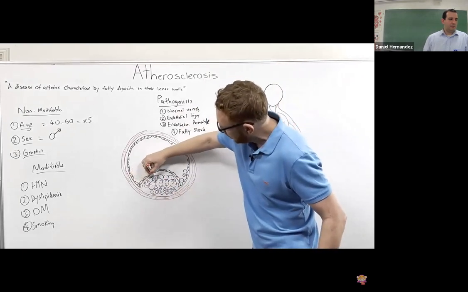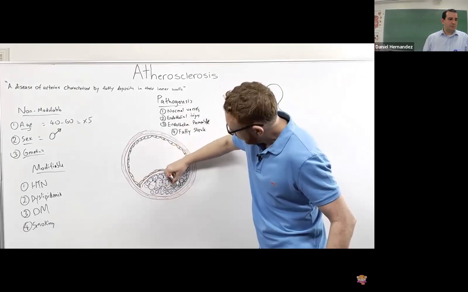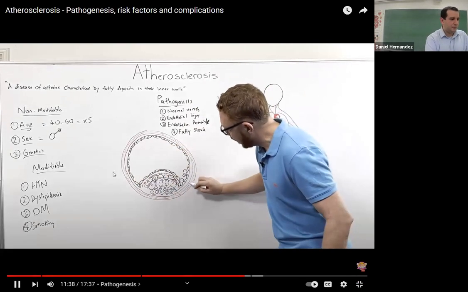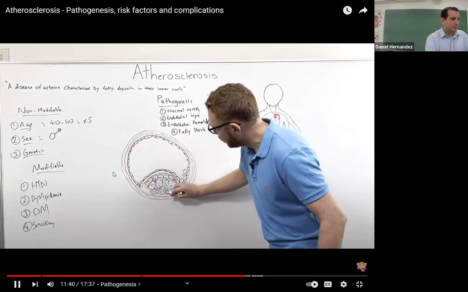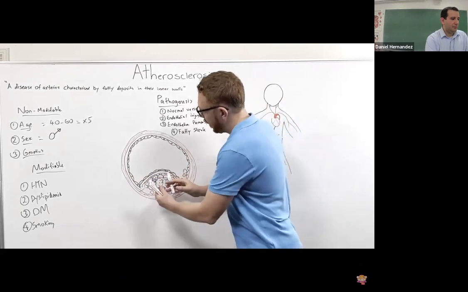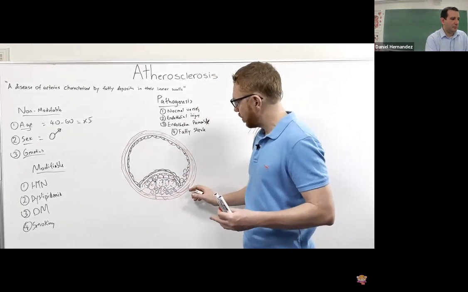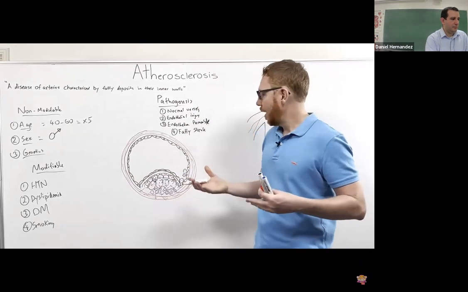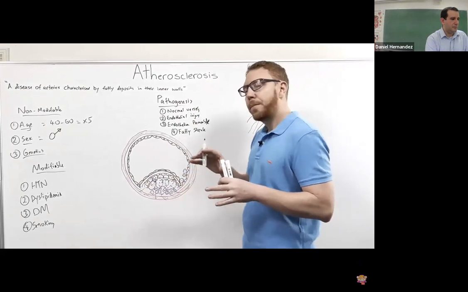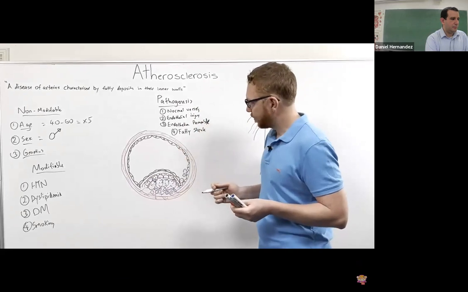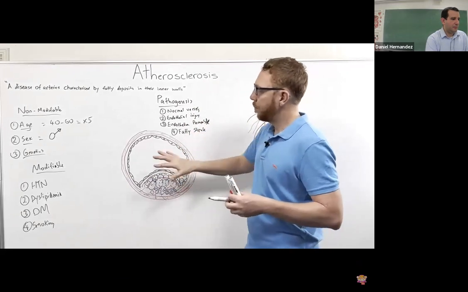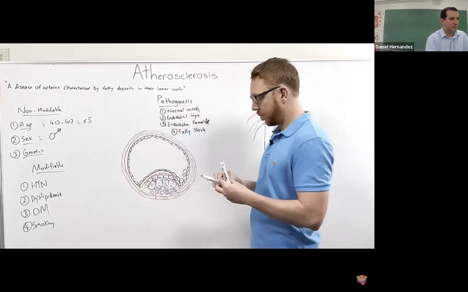So collagen will start to intersperse in the foam cells. We also see smooth muscle cells moving in from the media, which also accumulate in with the foam cells. And the actual smooth muscle cells can also phagocytose and engulf these LDLs, which also makes them foam-like in their appearance. So this fatty streak will just continue to grow and grow depending on the risk factors that are involved.